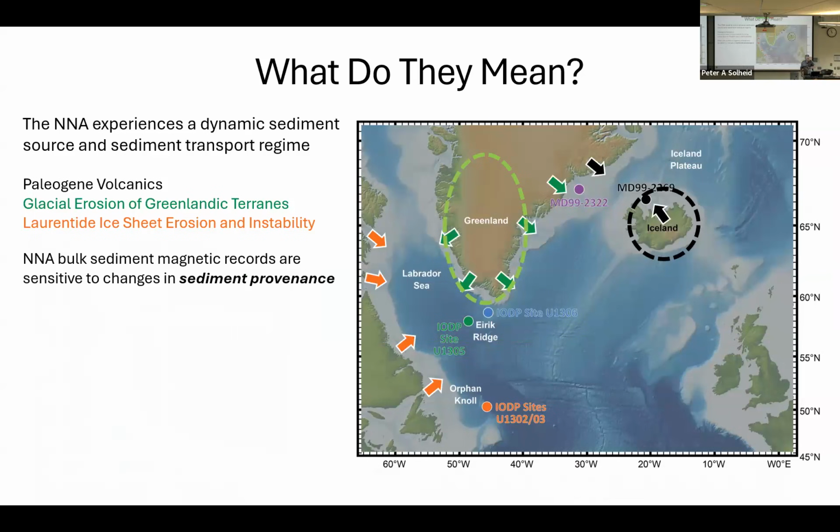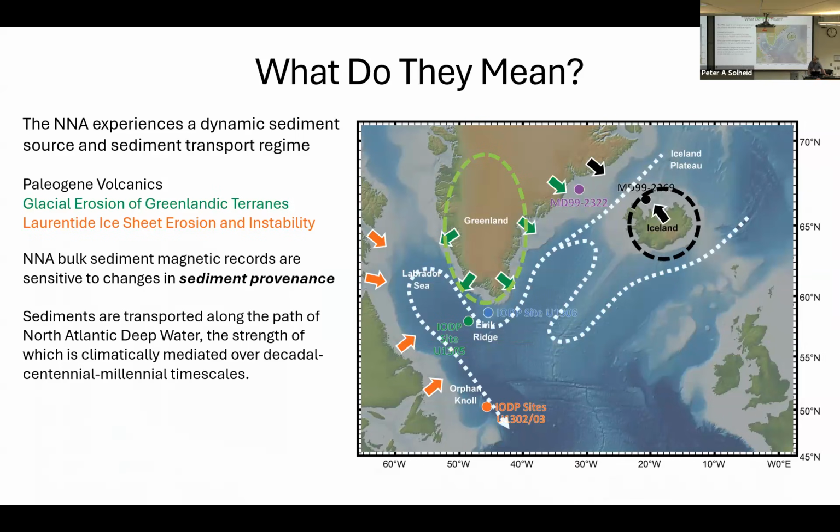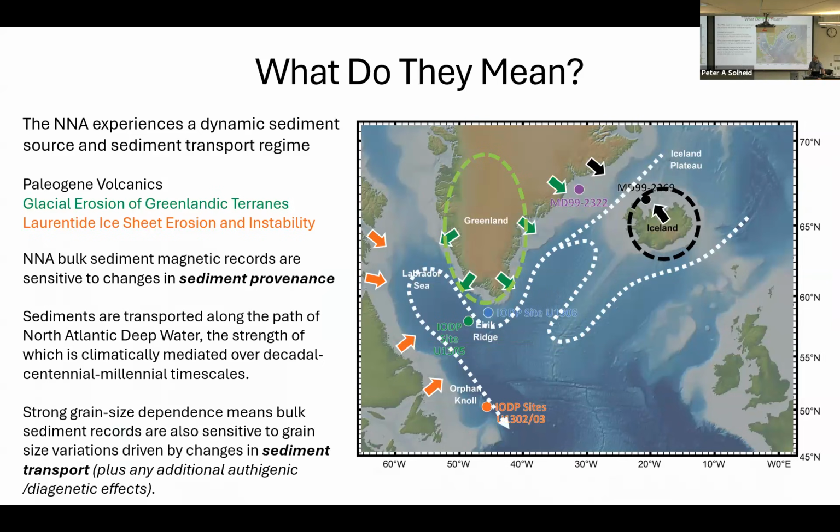So these sediment records are sensitive to changes in sediment provenance. But once these sediments get into the ocean, they're transported along a vigorous overturning circulation driven by North Atlantic deep water, the strength of which is climatically mediated over decadal to centennial to millennial timescales.